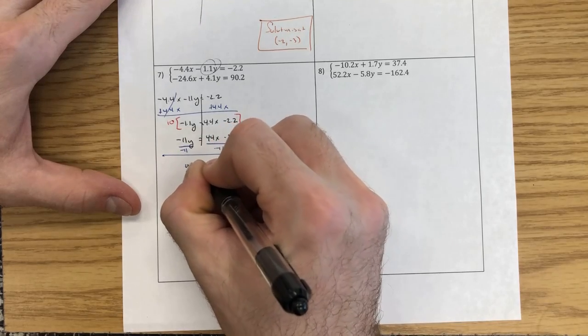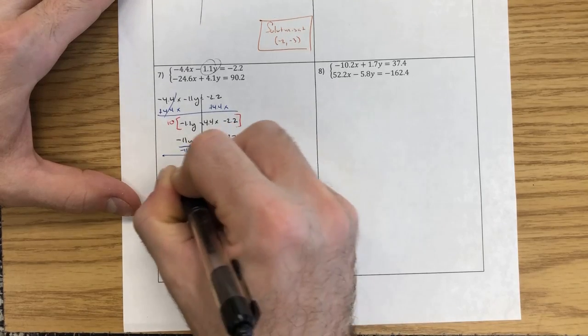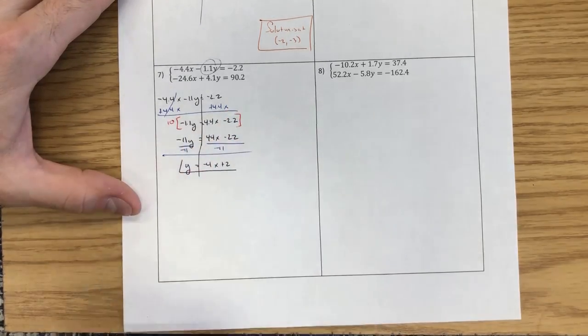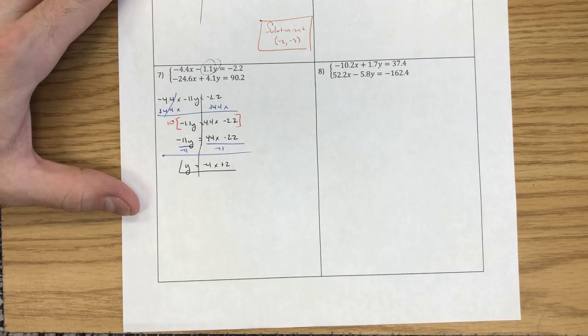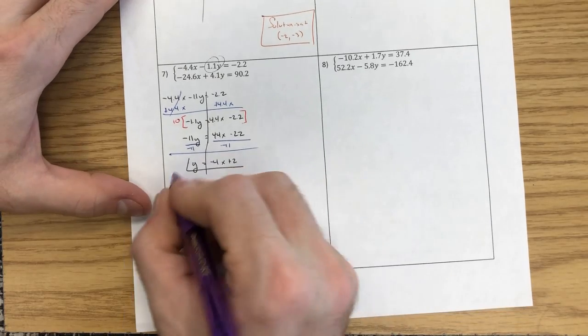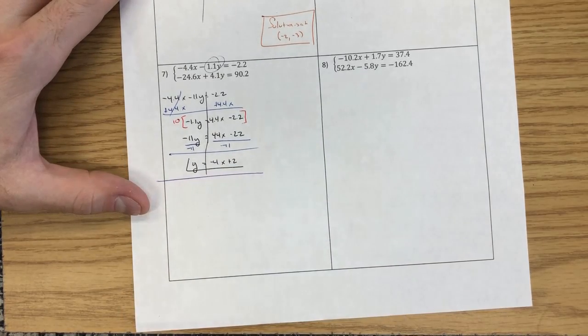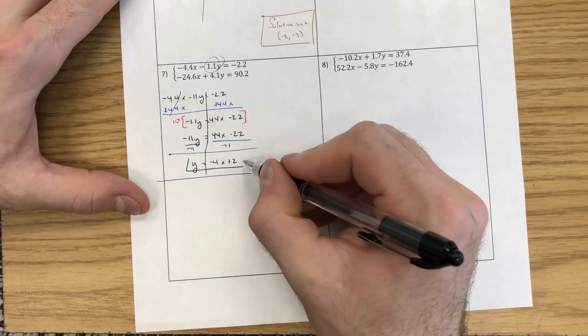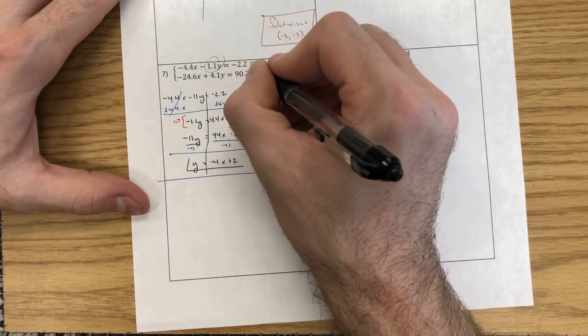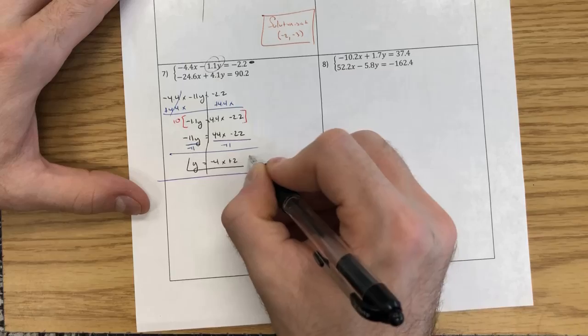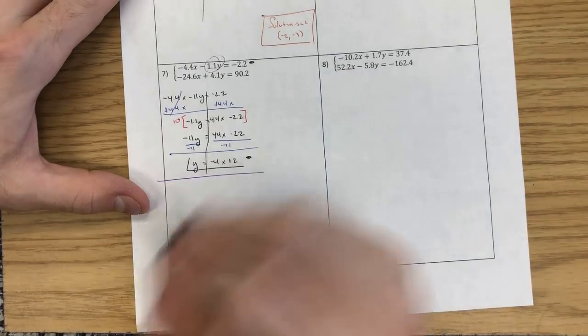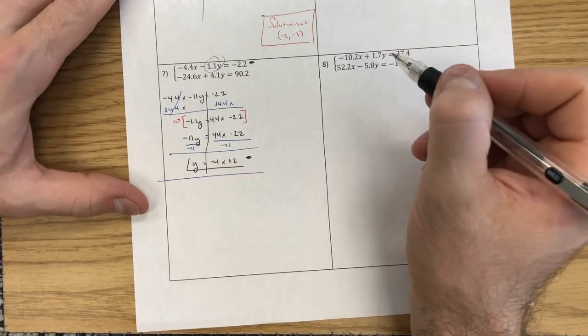And say y is equal to negative 4x plus 2. And so remember, we're going to plug that into the other equation. But because this equation and this equation are the same thing, I'm going to have to plug it into the lower equation.